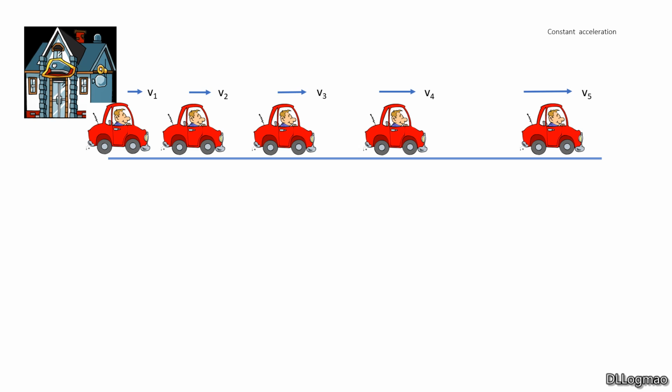This car has increasing instantaneous velocities. The car has constant acceleration. For a body with constant acceleration, to prove that the acceleration is constant, the change in velocities between 2 instantaneous velocities should be obtained.